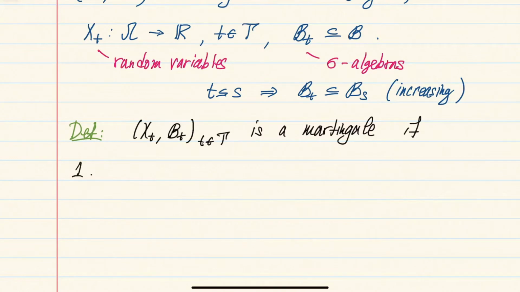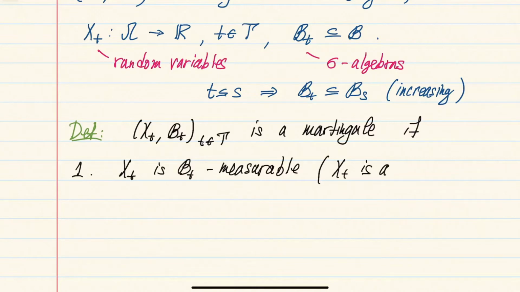First of all, xt is assumed to be measurable with respect to the sigma algebra BT. So xt is BT measurable. It's also called adapted. So we also say xt is adapted to BT.